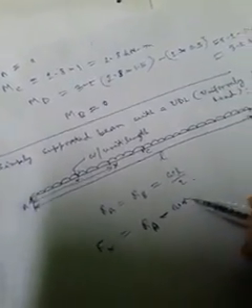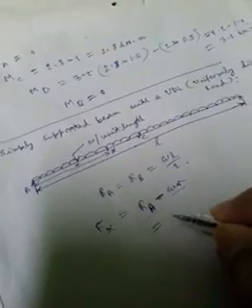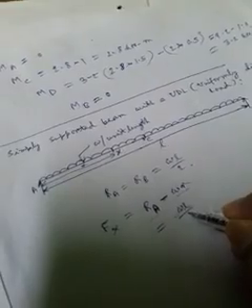The value of the UDL depends on the length x, and as x varies, the length varies. This is the downward force and this is the upward reaction. So the total vertical force, that is the shear force, will be Fx equals RA minus Wx, which can be written as WL by 2 minus Wx, as RA equals WL by 2.